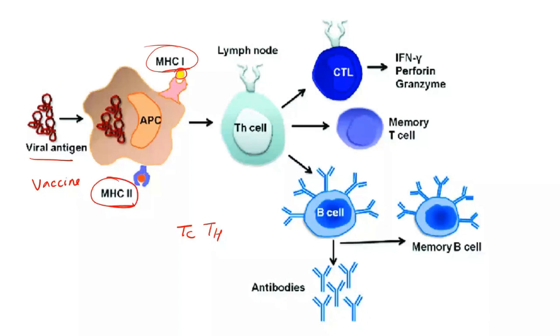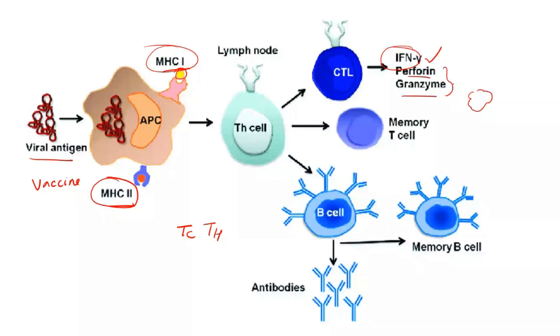And what it will do, वो TH cell को देगा, and then TH cell will do what? वो साइटोटॉक्सिक टी लिम्फोसाइट को एक्टिवेट करेगा. They will synthesize interferon gamma. इंटरफेरॉन is for the virus, वायरस इन्फेक्टेड सेल्स को किल करने के लिए रिलीज होता है. परफोरिन ग्रेन्जाइम यानी ग्रैन्युलर एंजाइम रिलीज करता है. ये सब कौन रिलीज करता है? टी सेल रिलीज करता है.